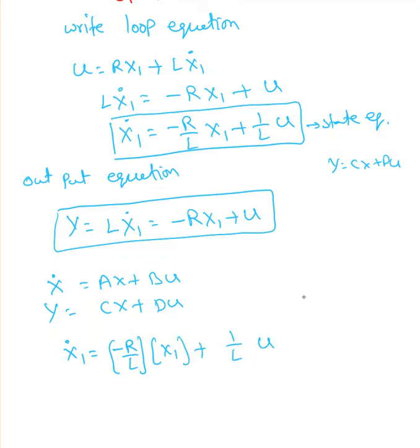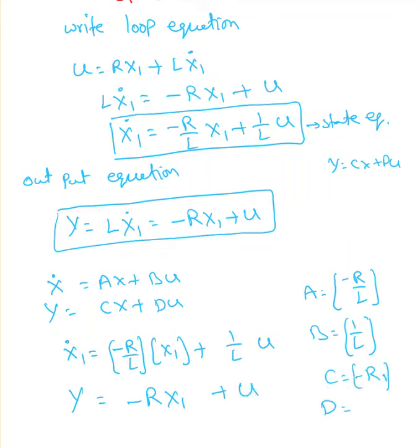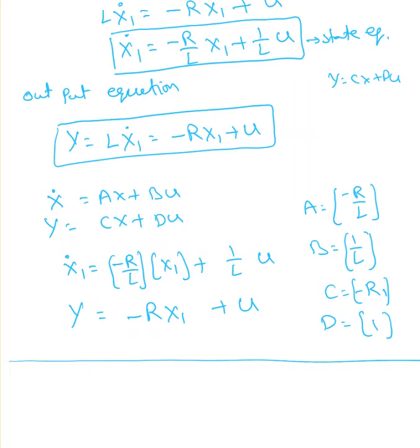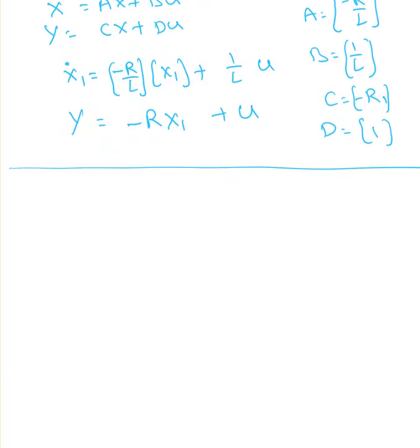So my A matrix is a 1 by 1 matrix: minus R over L. My B matrix is also a 1 by 1 matrix: 1 over L. And y equal to minus R times x1 plus u, so C equal to minus R, D equal to 1. Those are the A, B, C, D matrices. Now let me go with another example. The next example is an RC circuit.